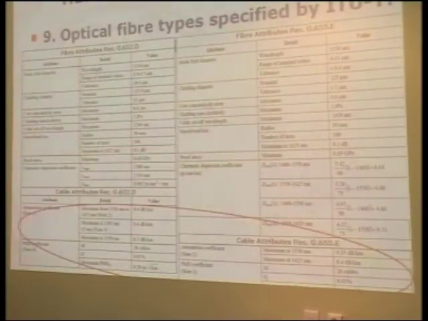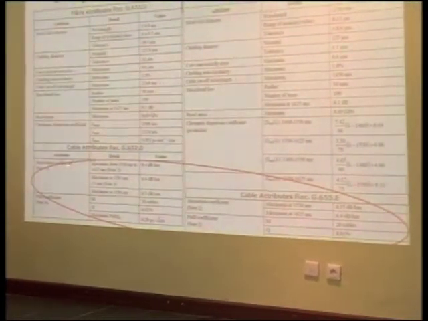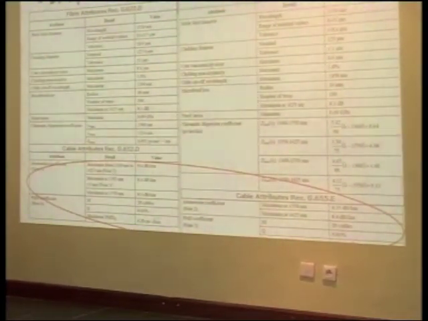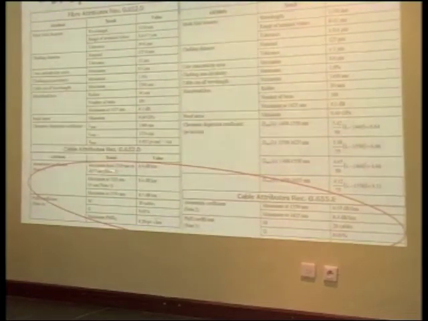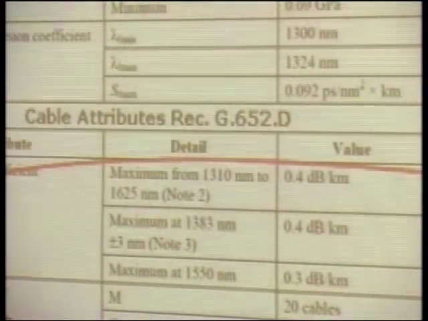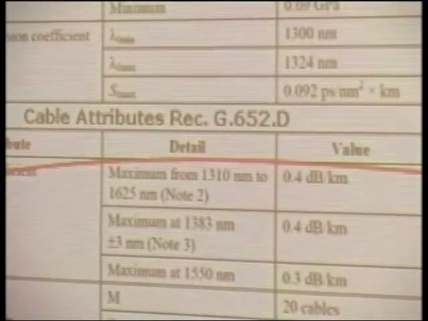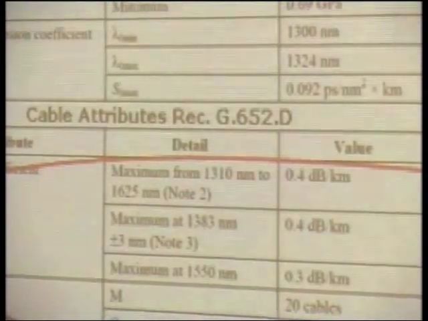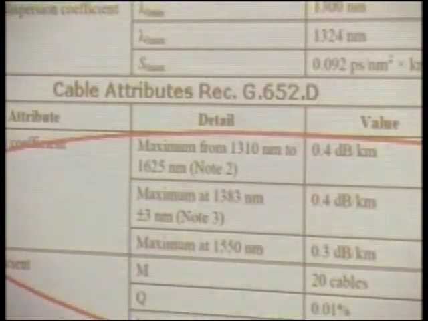The next item I'd like to show you, and then I am reaching the cable attributes, is the attenuation coefficient, for instance. You see for 652 fibers, we have a specification over the whole wavelength range from 1310 up to 1625 nanometers. So the whole wavelength band from O up to L band is in that range, with a maximum of 0.4 dB per kilometer.